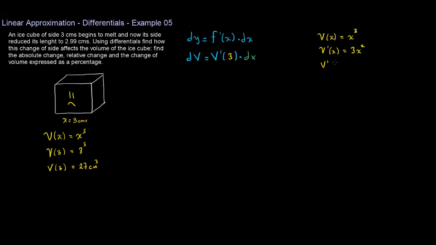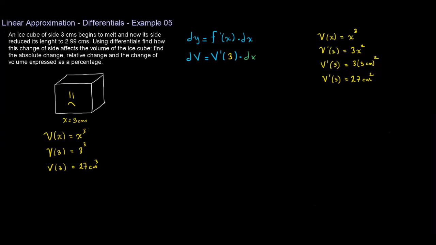Now V prime of 3 would be 3 times 3 squared, and I'm going to write the units, 3 centimeters. So V prime will be 3 squared, which is 9, times 3, which is 27 centimeters squared. Notice there's a difference between the units of V prime and V.